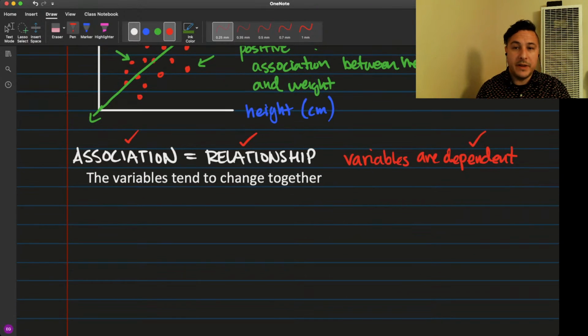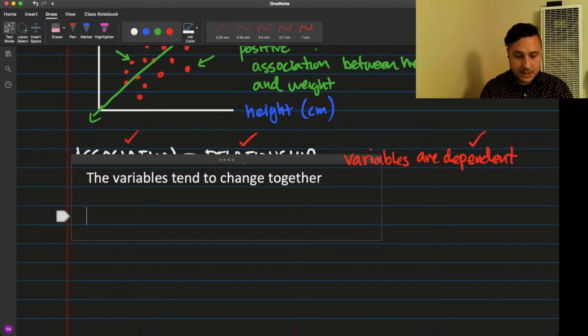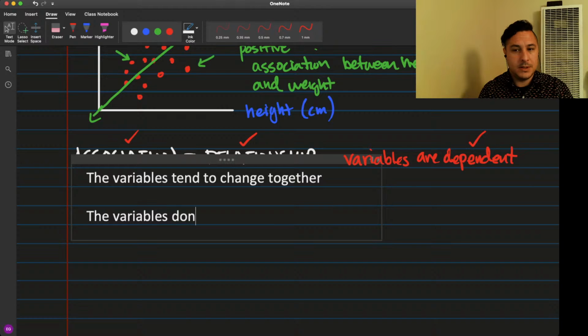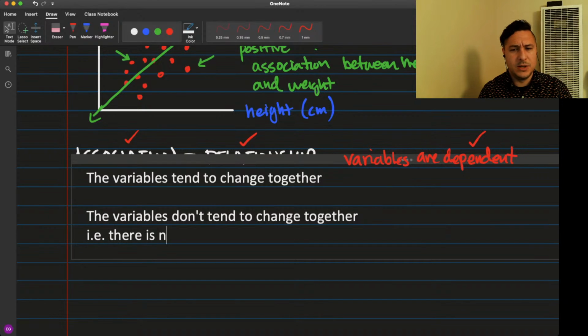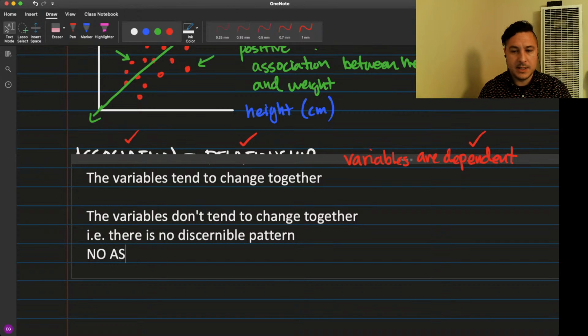So what about if there is no association? If the variables don't tend to change together, i.e. there is no discernible pattern, there is no relationship, we would say that there is no association or no relationship.